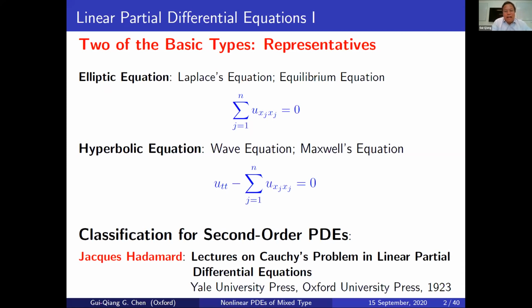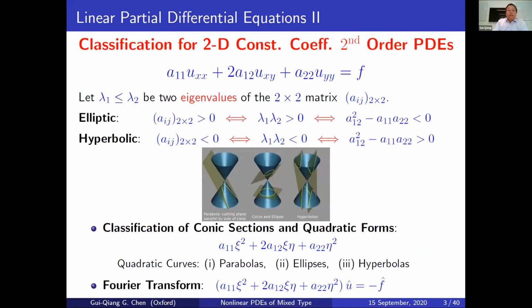So Hadamard proposed the classification for second order partial differential equations. This classification is very successful for two-dimensional constant coefficient second order PDEs. For constant coefficient second order PDEs, the coefficients Aij can be written as a 2x2 matrix.